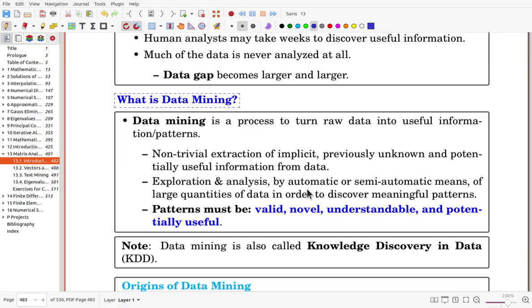The patterns we want to find must be valid, novel, understandable, and potentially useful. Data mining is also called knowledge discovery in data, KDD.